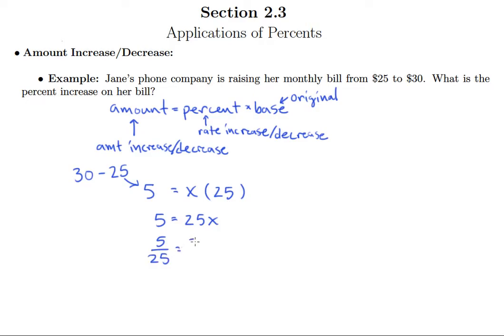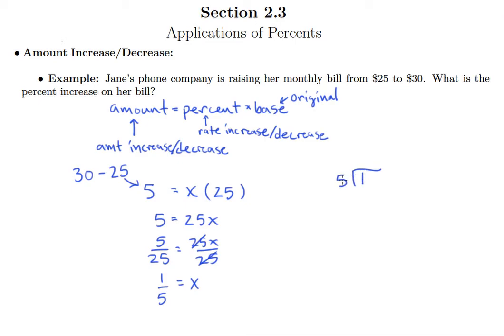I can divide both sides by 25. Right here is an opportunity to go ahead and make life a little bit easier on yourself. 5 divided by 25, or 5 over 25, is the same as 1/5. So you might just do that before doing any kind of dividing. And then 1/5, you may even know off the top of your head that 1/5 is 20%.